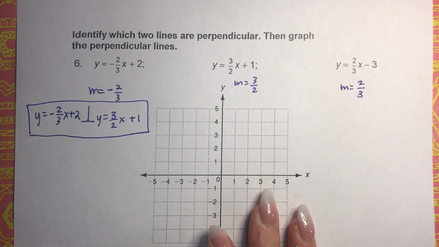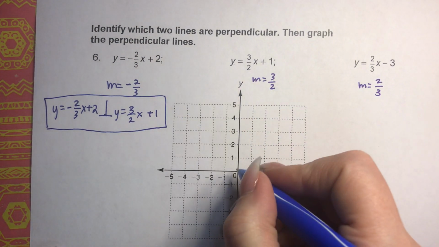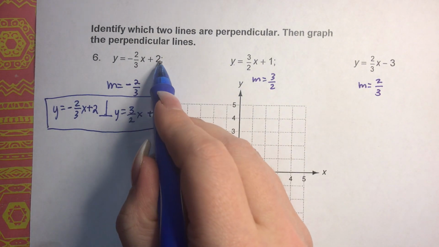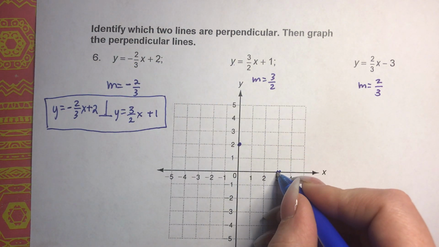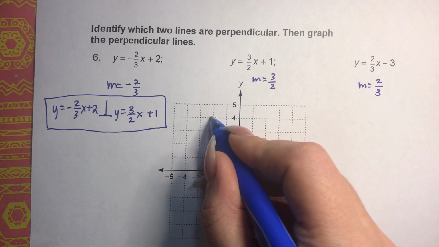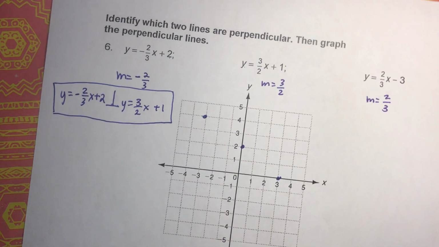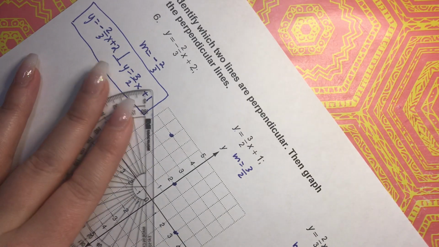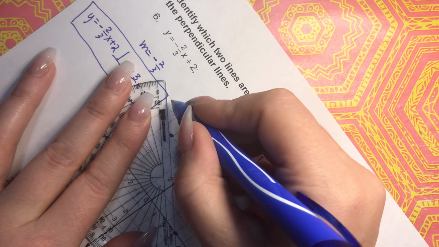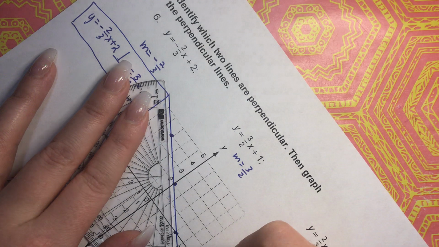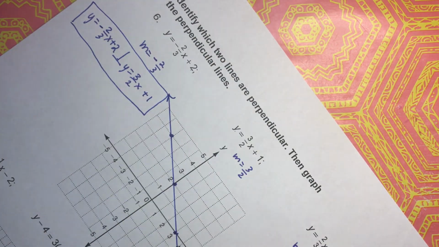And then we just go ahead and graph it. So plus 2, right here, y-intercept is plus 2, and then down 2 over 3, opposite up 2 over 3 this way. Graph the lines. Okay.